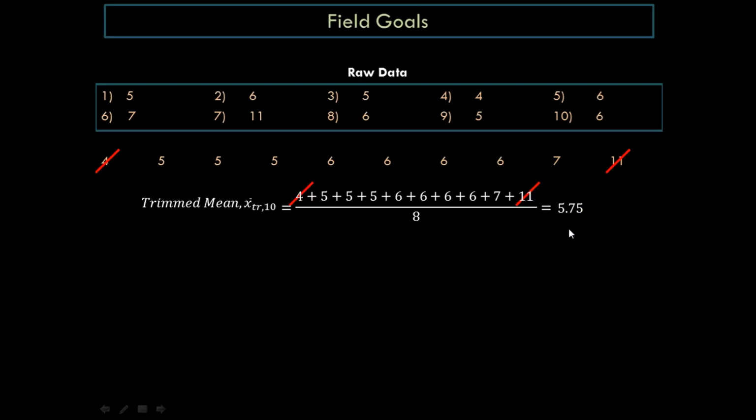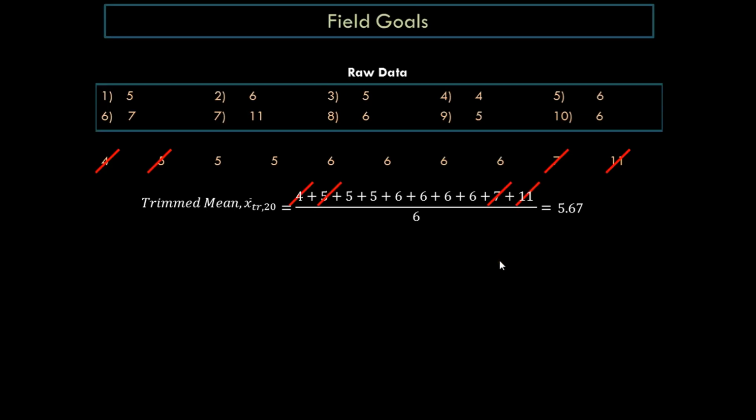If we trim it further, suppose we consider these 2 as outliers, then we'll have the 20% trimmed mean. Our new average is now 5.67.